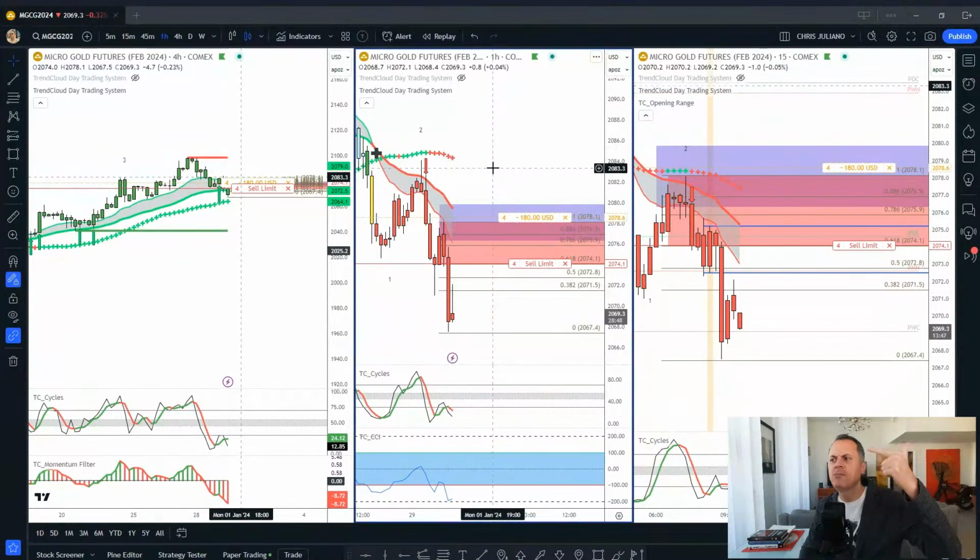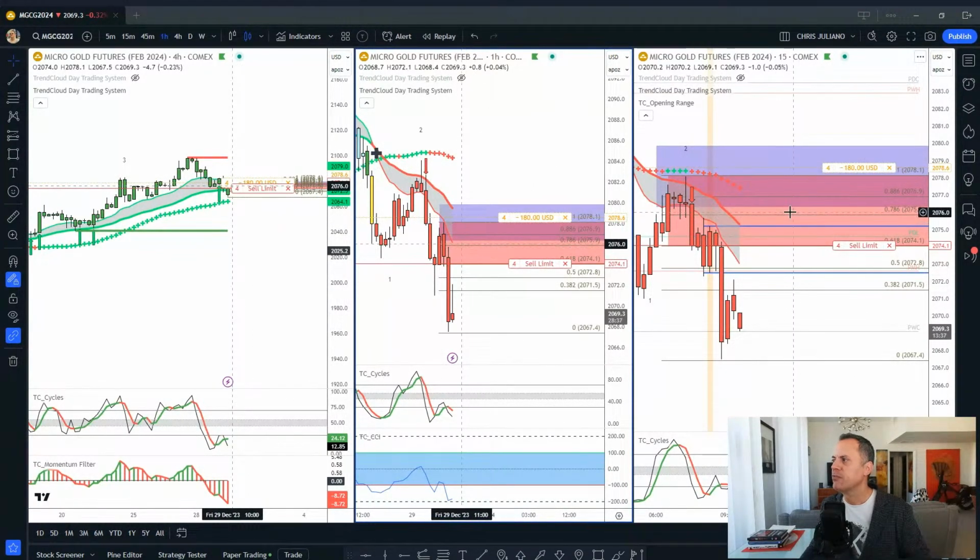So we got trend and momentum going down. We've got those elements on our side. We also have resistance right here. We've got our supply zone. And we are also cycling down, impulsing down on the 1 hour.